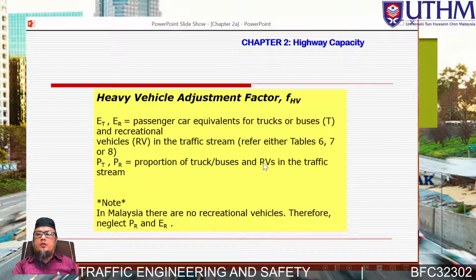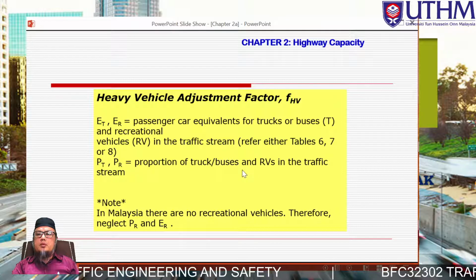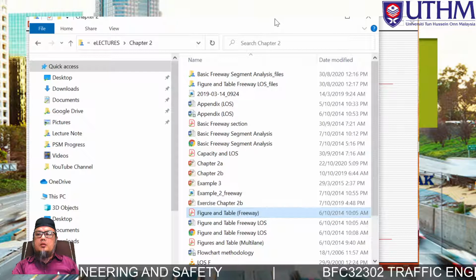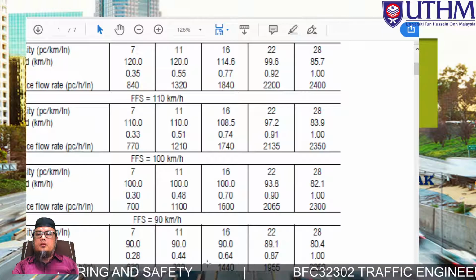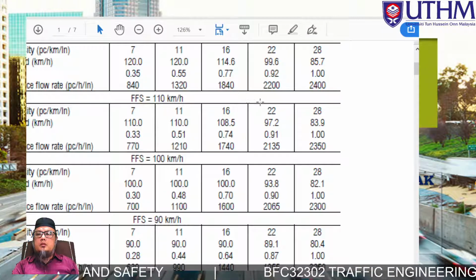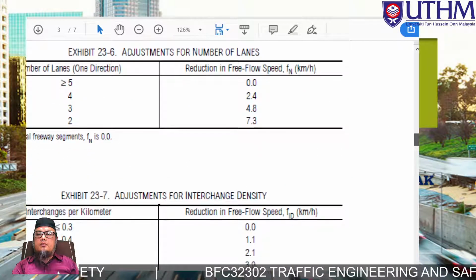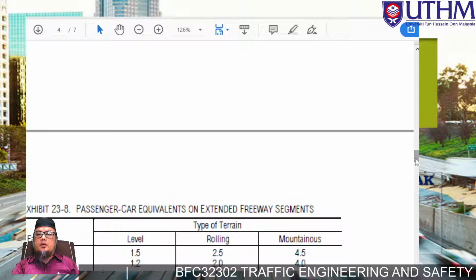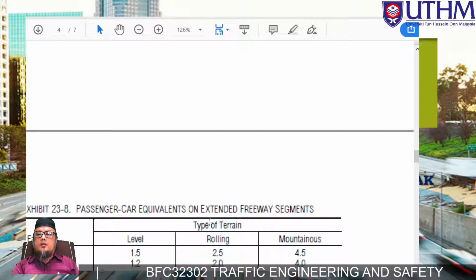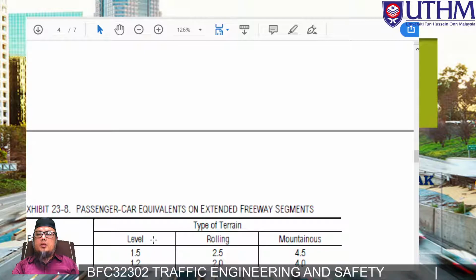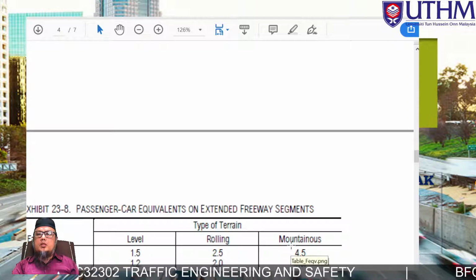We can refer to that particular table from the previous table I have shown. In this table, here we have the category of heavy vehicle factors. Here we have terrain levels: level, rolling and mountainous.